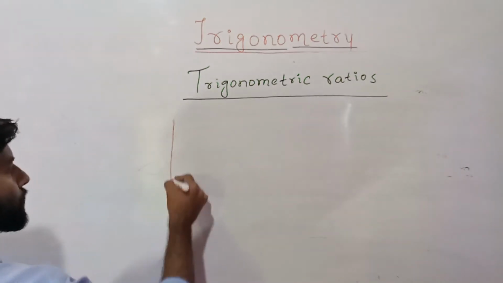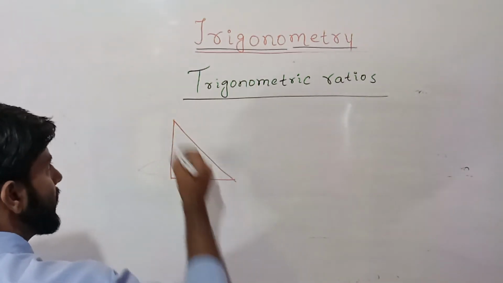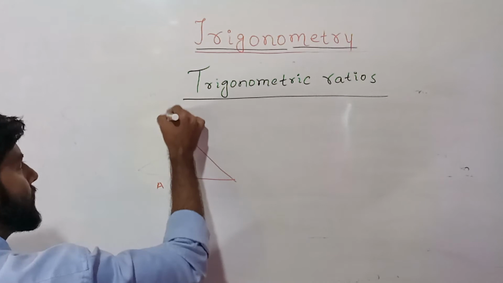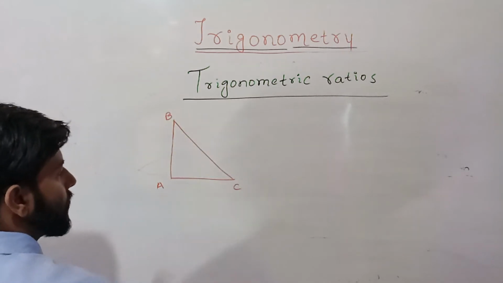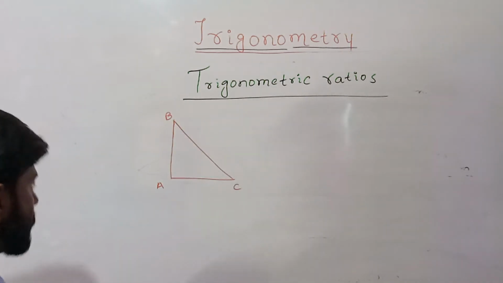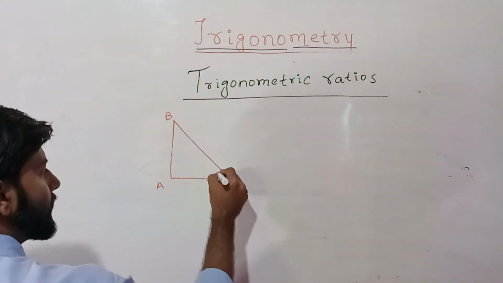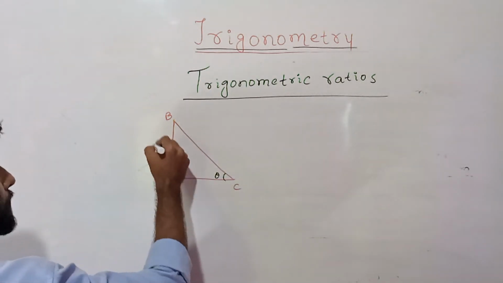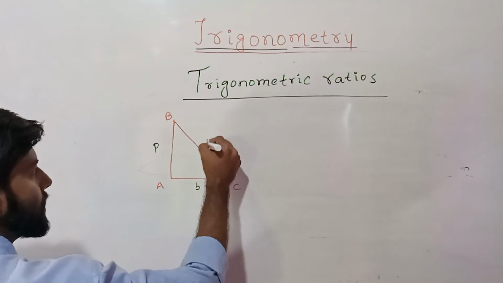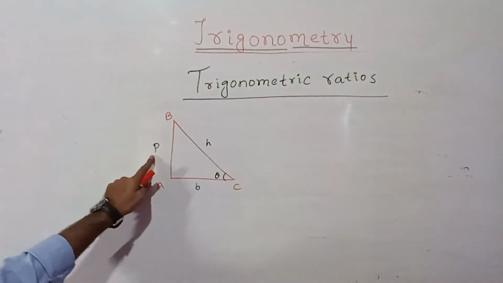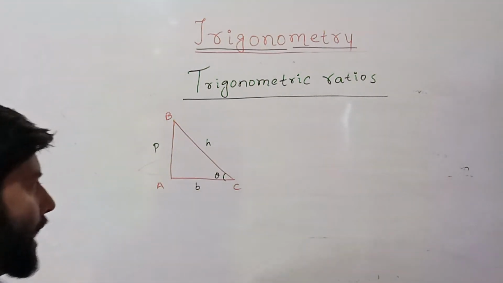Suppose this is a right angle triangle, this is A, this is B, and this is C. Suppose I am taking this theta, so this will be P, this will be B, and this will be H. P means perpendicular, this will be base, and this is hypotenuse.